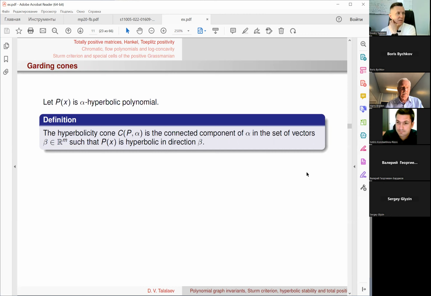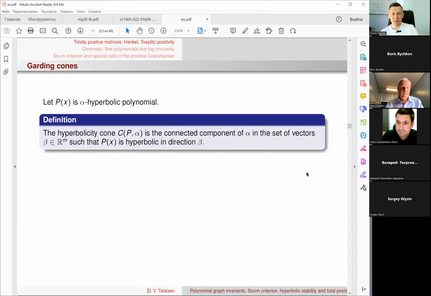There is a very interesting, and I suppose not very well known, technique of Garding cones related to the notion of alpha-hyperbolic polynomials. It is the following object. Let P of X be an alpha-hyperbolic polynomial, so it is hyperbolic in the direction alpha.